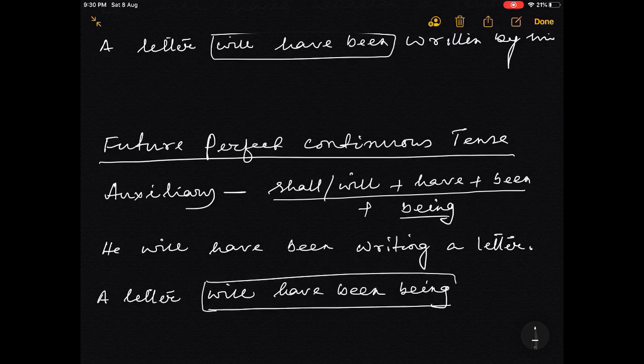A lot of auxiliaries. In the practical field, it is hardly found. Will have been being written. Written is everywhere written, by him.